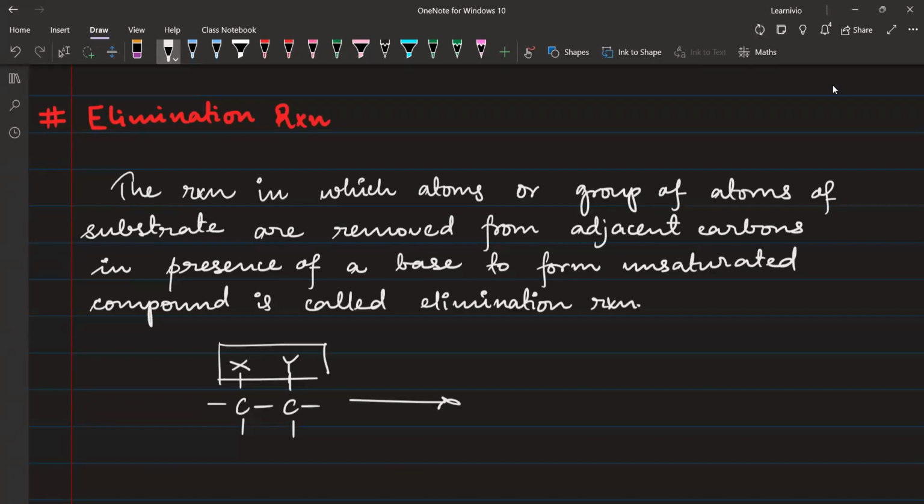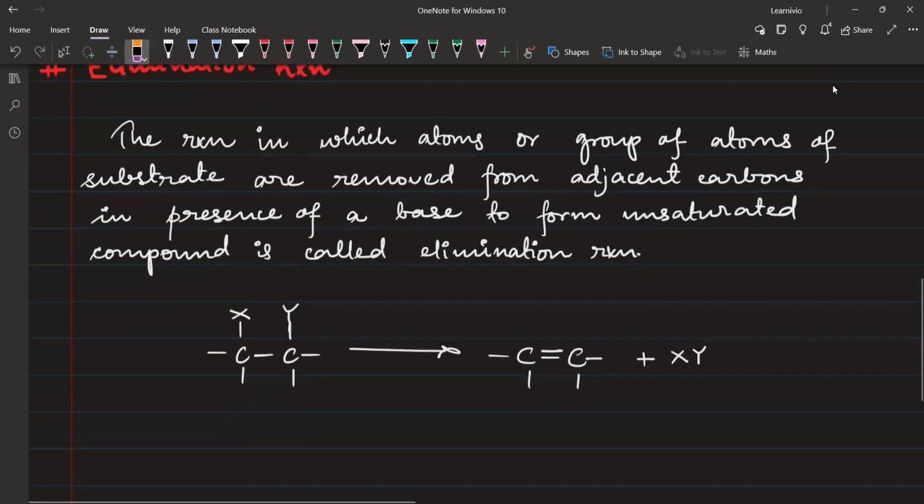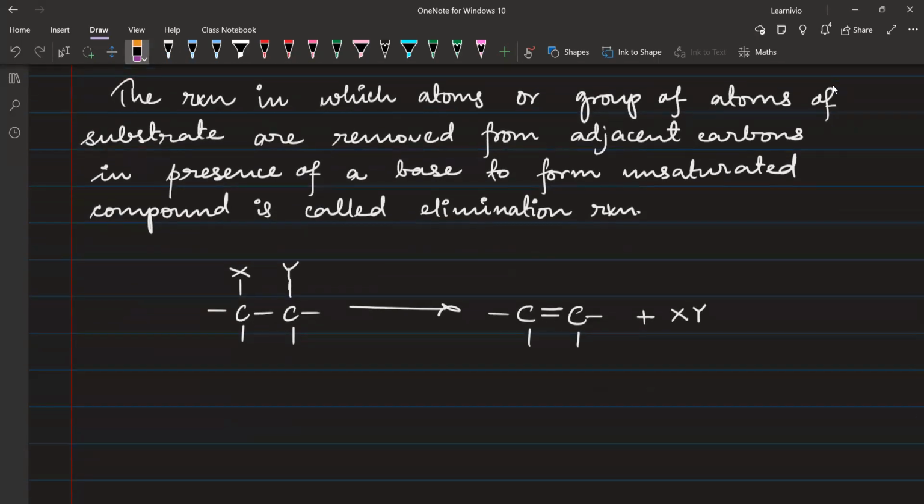One carbon atom loses a bond, and the other carbon atom also loses a bond, so they will have a double bond between them. X and Y act as leaving groups. Generally this happens, though not always. So this is a generic introduction to elimination reaction.